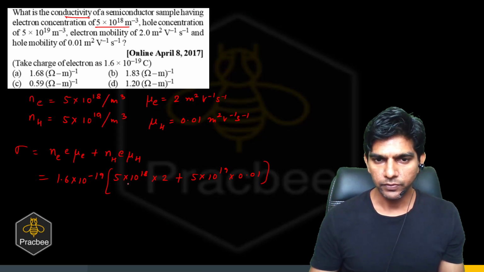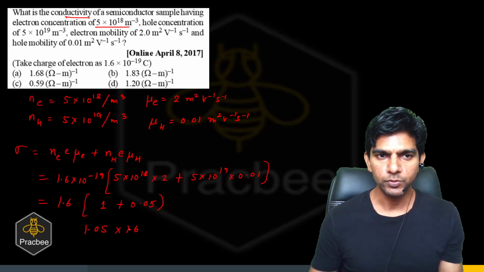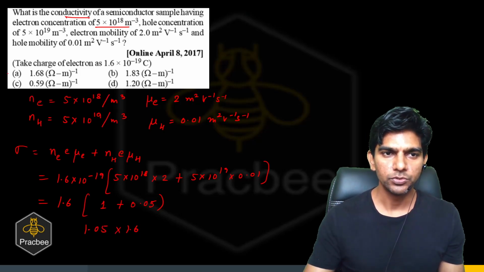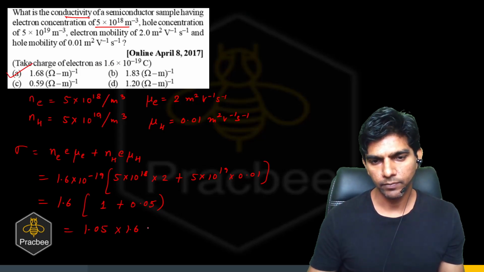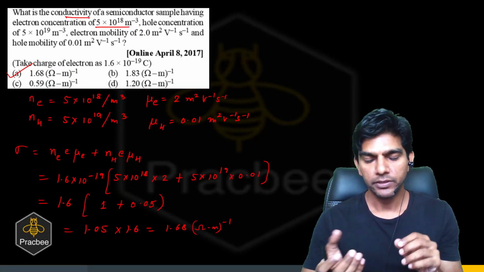So let us take 10 raised to power 19 common. So we'll write it as 1.6 times 1 plus 0.05. So that will be 1.05 times 1.6. So the answer has to be slightly greater than 1.6. So option A is the right answer, right? 1.68 ohm meter inverse.